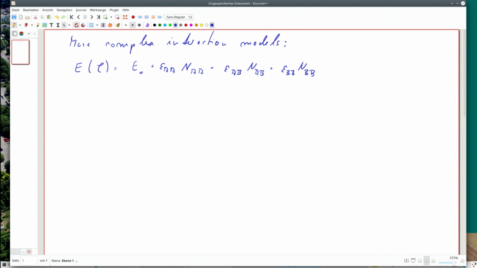The first step to enhance this, I already showed you, is to do it on different neighbor shells: for first neighbors, second neighbors, and if you like, even further distant neighbors.